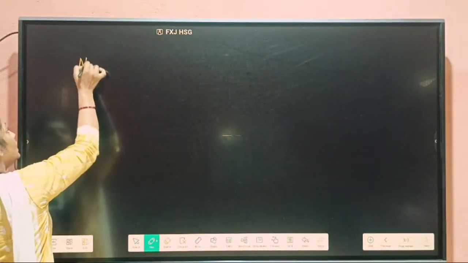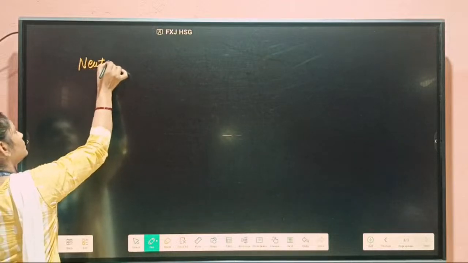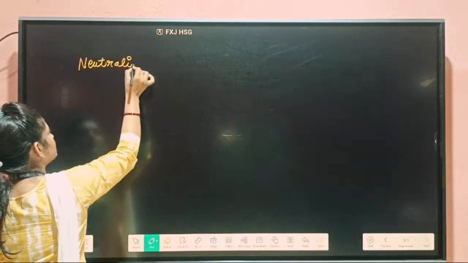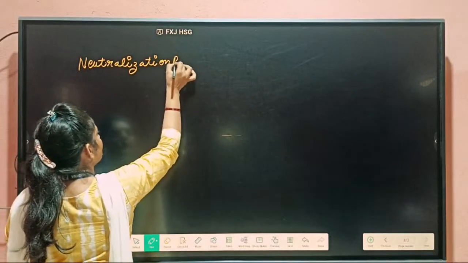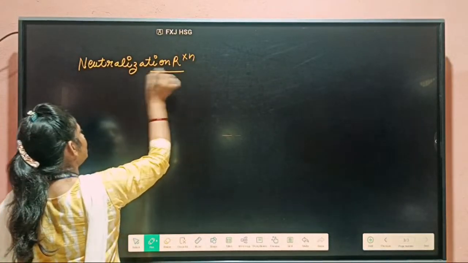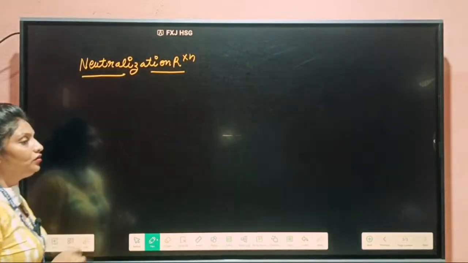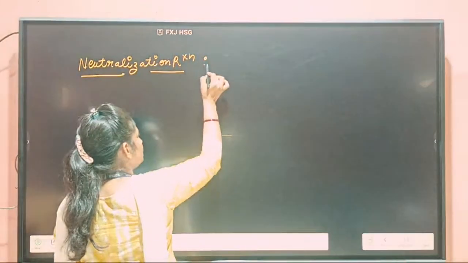Then students, the second reaction is the neutralization reaction. What do you mean by the neutralization reaction?